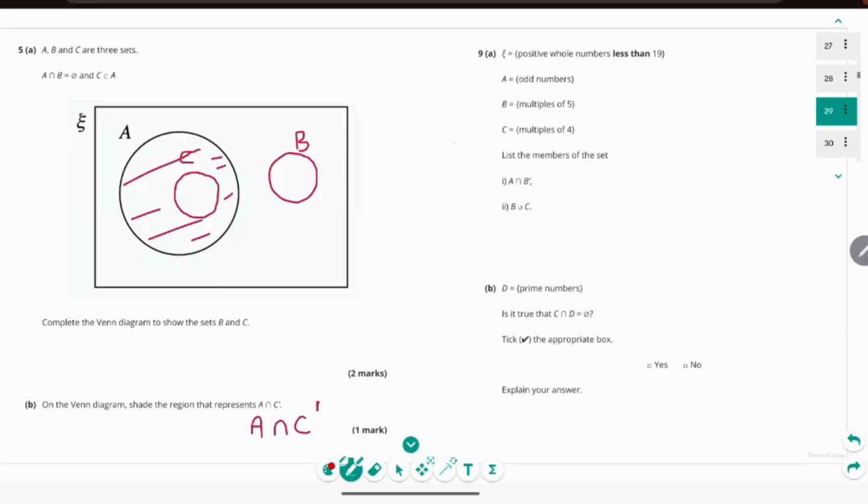Okay, 9A. Positive whole numbers less than 19. Odd numbers, multiples of 5. Okay, here we got another knot here. Hopefully you saw that. Let's draw a Venn diagram, I think.